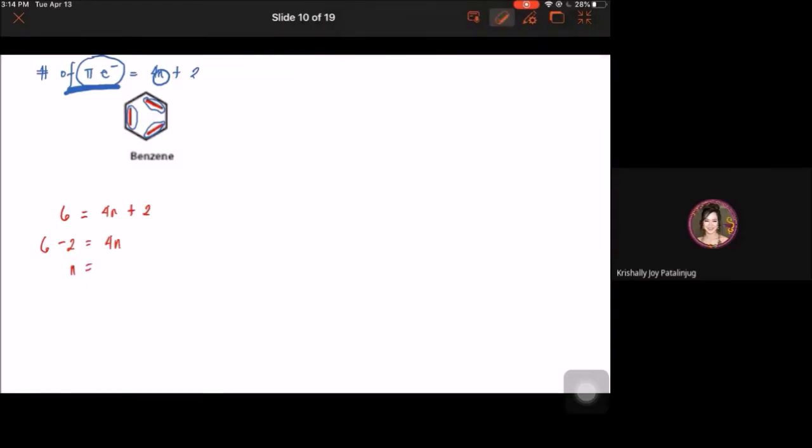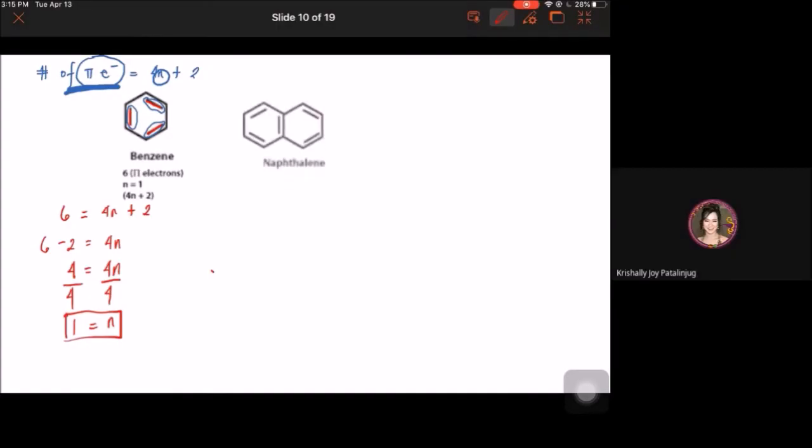Yes, n is equal to 1, because 6 minus 2 is 4, so 4n, and dividing by 4 gives n equals 1. Therefore, is n a positive integer? Obviously it is a whole number, so check. It follows Huckel's rule. Obviously, benzene is aromatic.